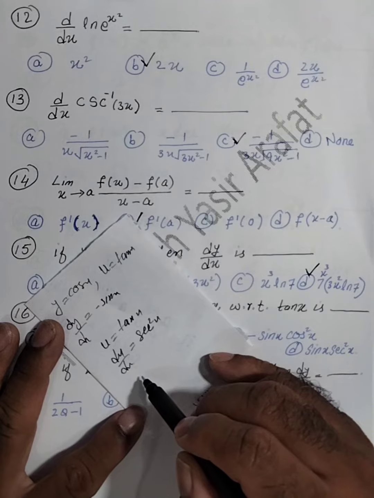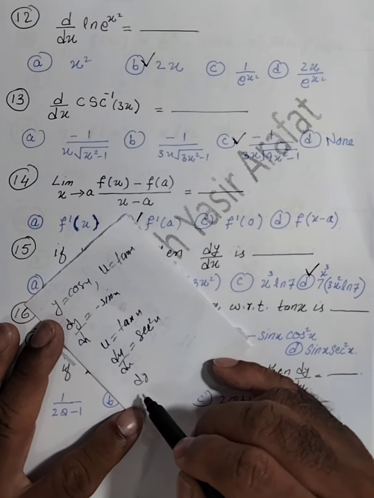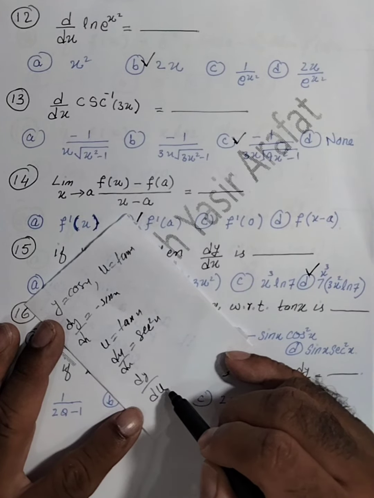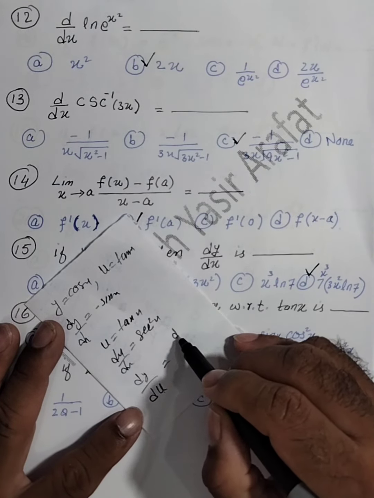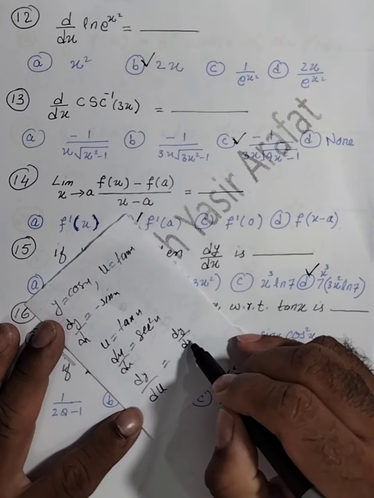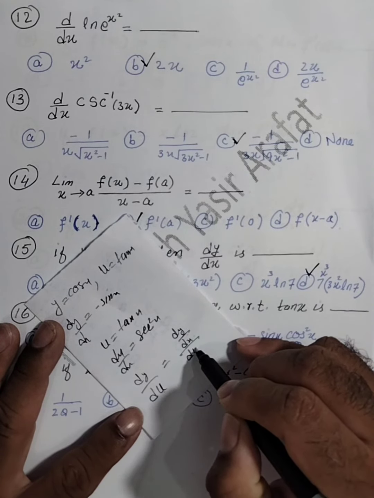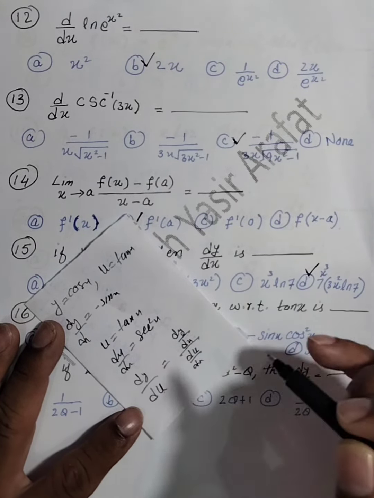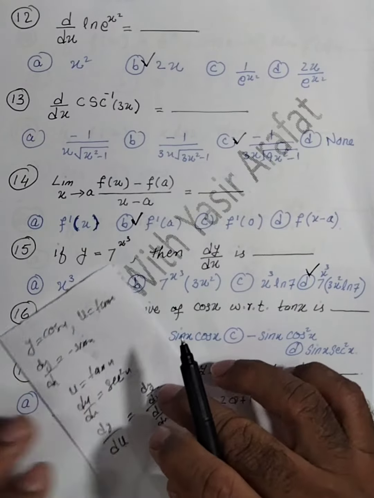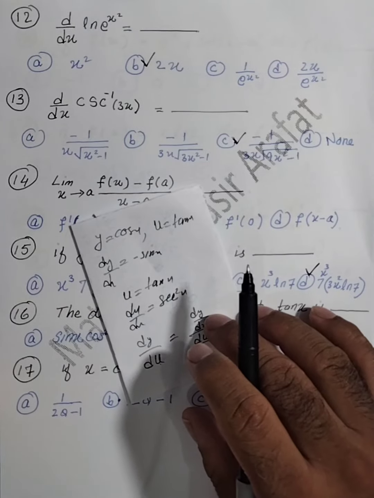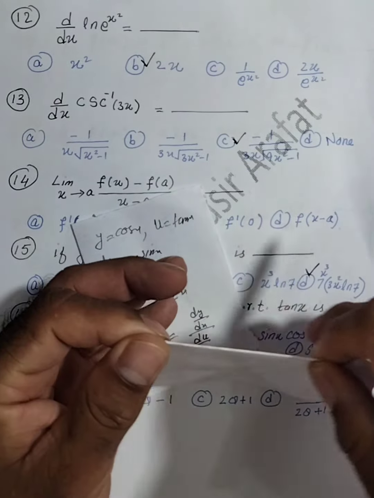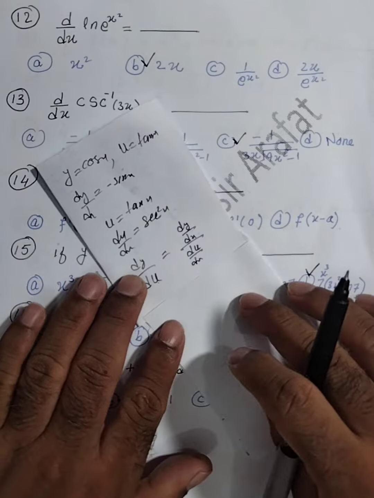So we have to find dy over du. This can be written as dy over dx divided by du over dx. We just have to put in the values.